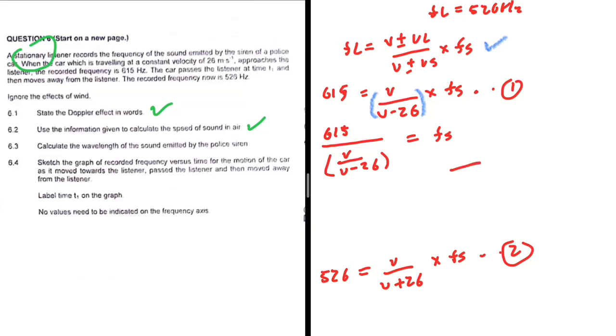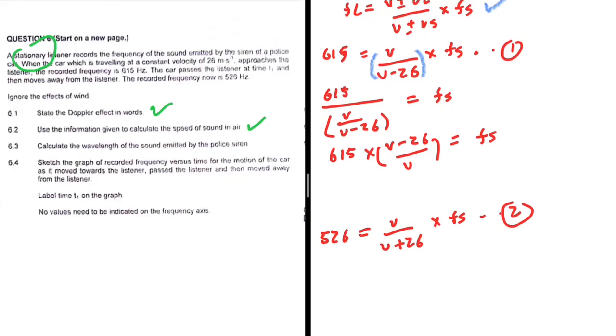Dividing by a over b is the same as multiplying by b over a. So we can apply that idea to get over that hurdle. So let's go ahead and do that. 615 multiplied by V minus 26, divided by V. We can write it like this instead, and this is Fs.